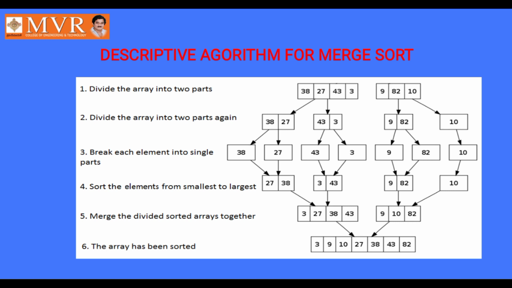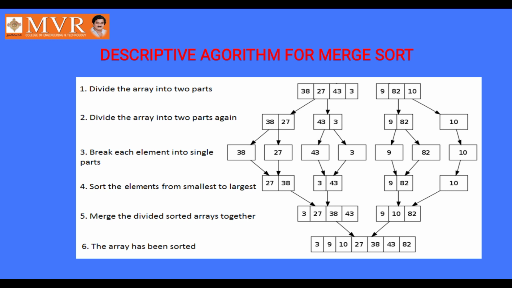That is, the array of elements is broken into small parts in the third step. In the fourth step, sort the elements from smallest to largest, that is, the elements 38 and 27 are sorted and brought to sorted order or ascending order. Next, fifth step, merge the divided sorted arrays together.